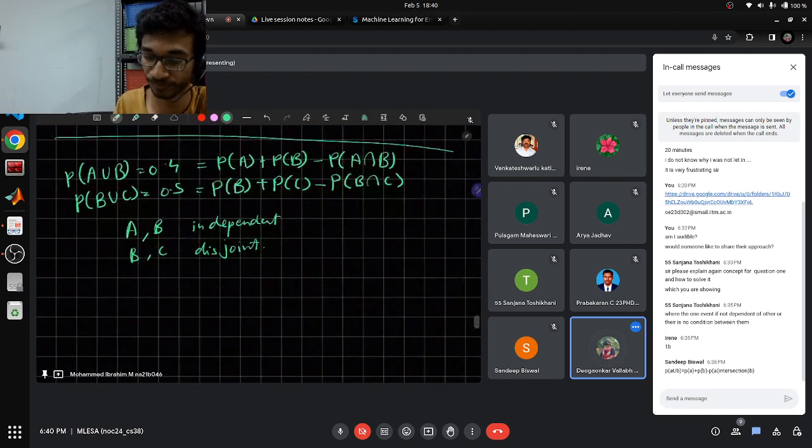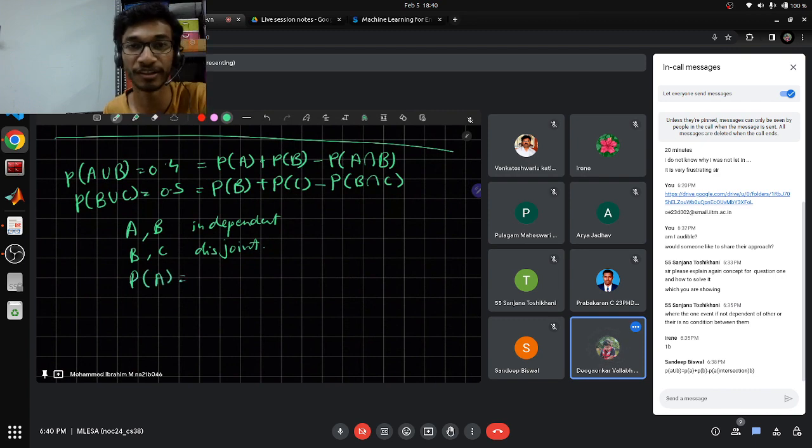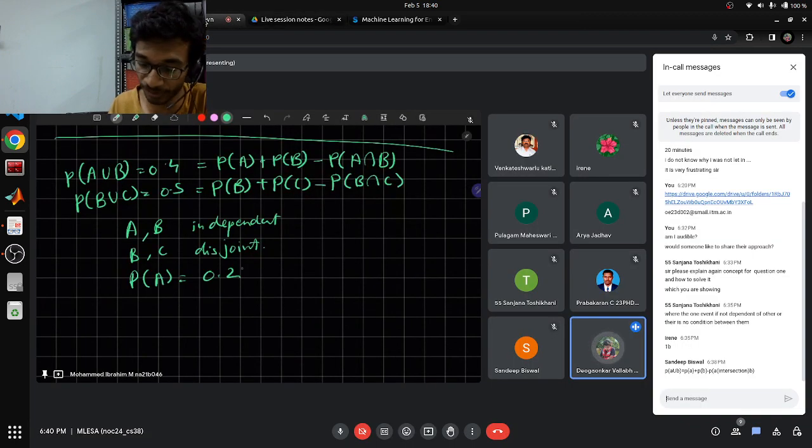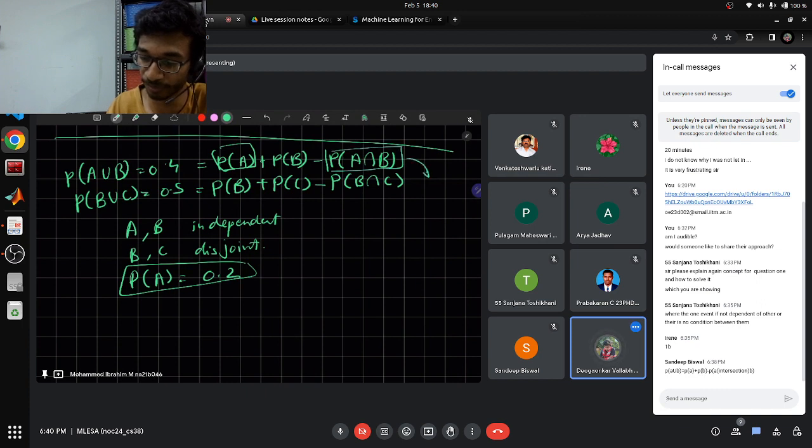So you just plug in the thing here, and you have been also told that P of A is actually given to be 0.2. So you can essentially put this P of A here and here, which now is going to be resolved into P of A times P of B, because A and B are told to be independent, right?